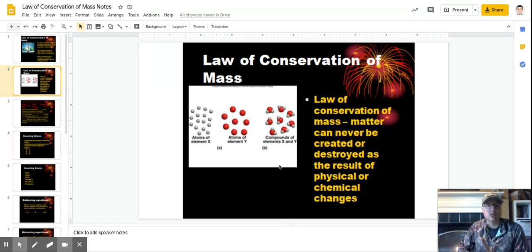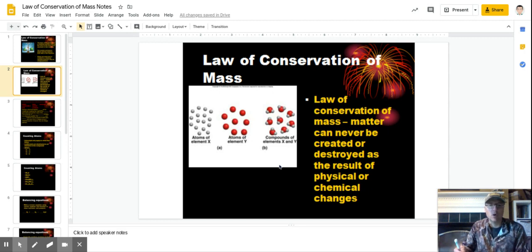But the point of the law of conservation of mass is that if there are 16 of element X, and 8 of element Y on the reactant side of the equation, then there must only be 16 of element X and 8 of element Y on the product side of the equation. We didn't produce anything new. We didn't create element Z or element W. Those things can't happen.